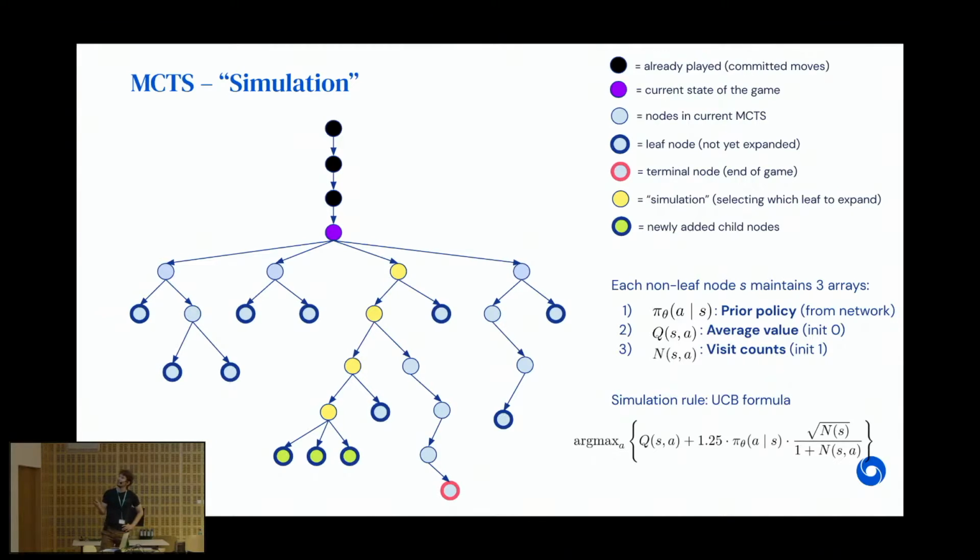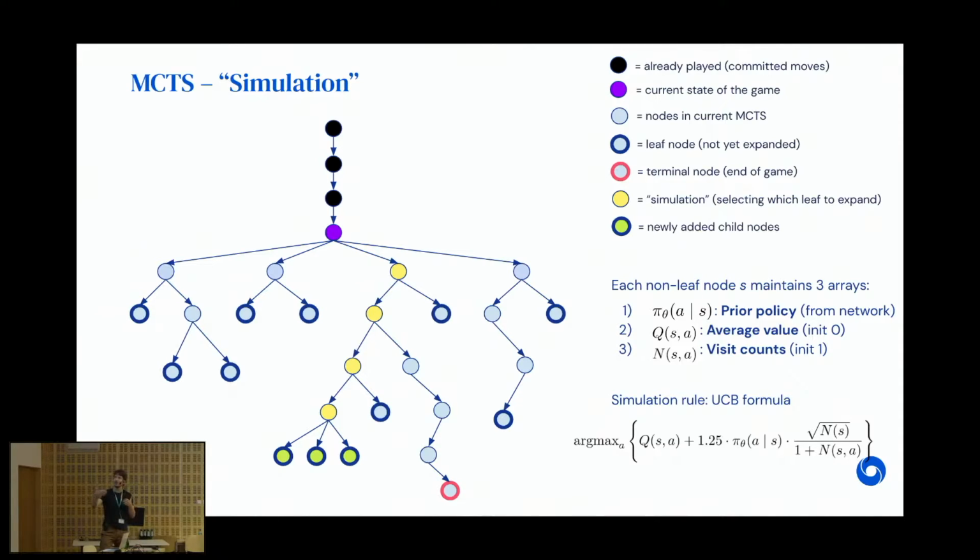For that, we use a formula called the UCB formula, which tries to capture this exploration-exploitation trade-off. Intuitively, we want to go down a branch of the tree that is promising, meaning that it's likely that we will find a higher reward path, that we'll be able to reach the zero tensor in a small number of steps. But at the same time, we don't always want to go down the same branch of the tree.